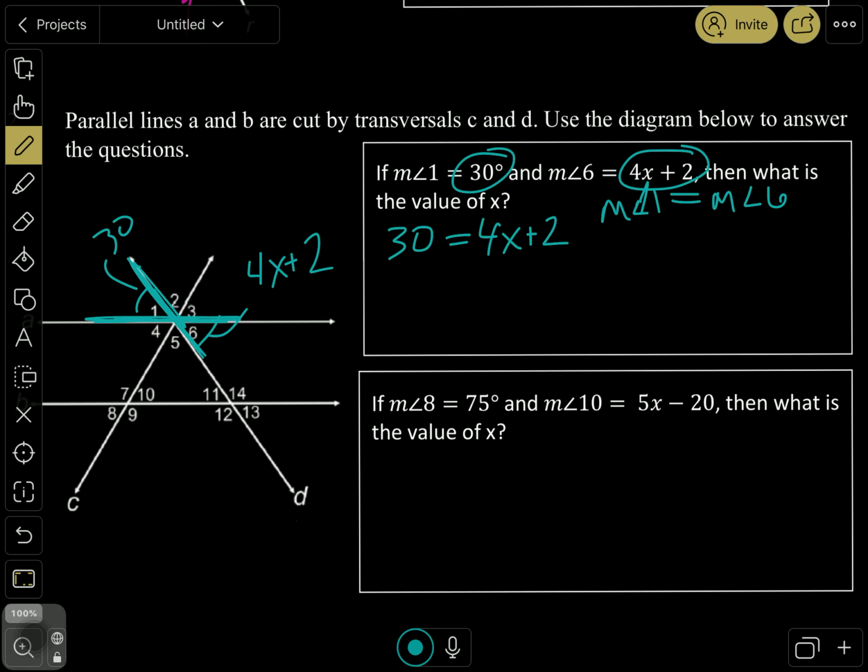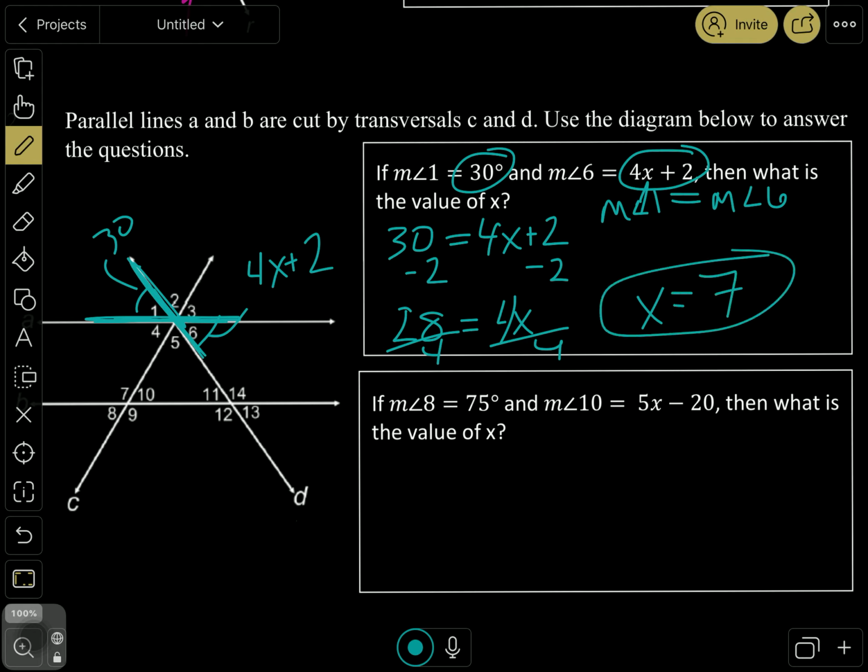Once I'm here, I just undo everything being done to x. So we start by subtracting 2 from both sides. 28 equals 4x. How do I undo times 4? I divide by 4. So x equals 7. Go ahead and pause the video. See if you can do the last example and then resume and check your work.